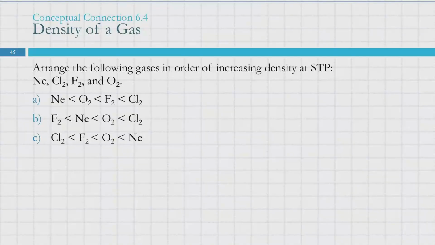All right, conceptual question. Arrange the following gases in order of increasing density, so smallest to biggest. Density at STP. The gases that we have are neon, chlorine, fluorine, and oxygen. What's going to be something that we can find that's related to density?